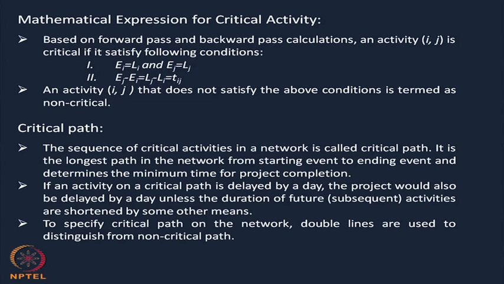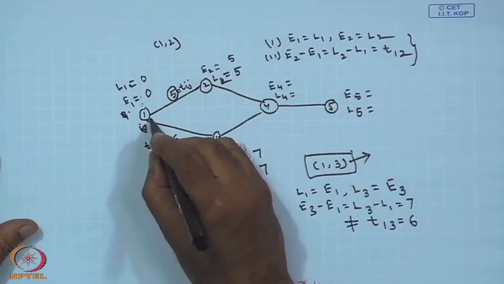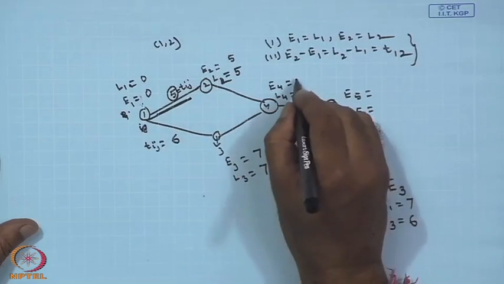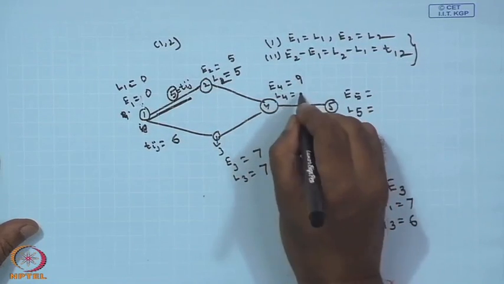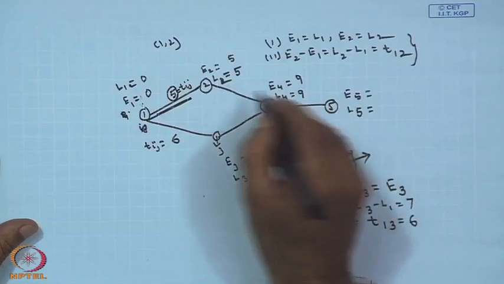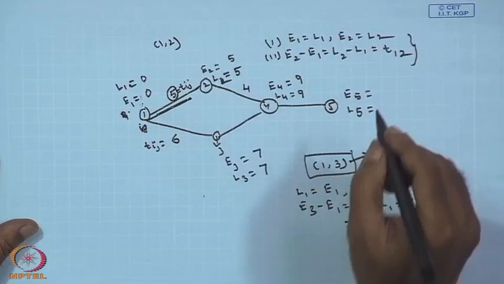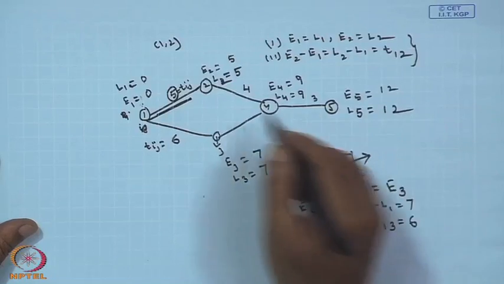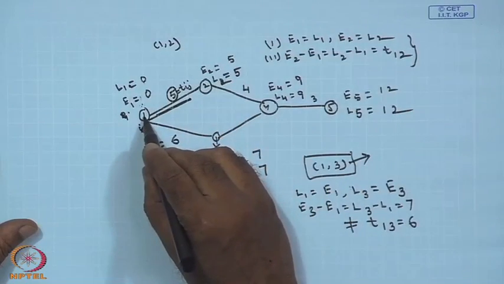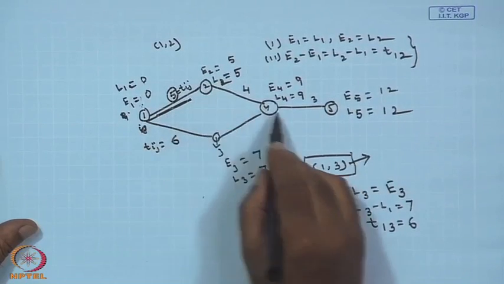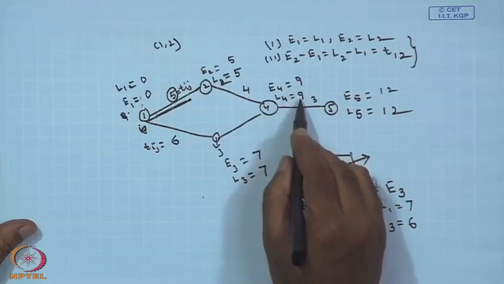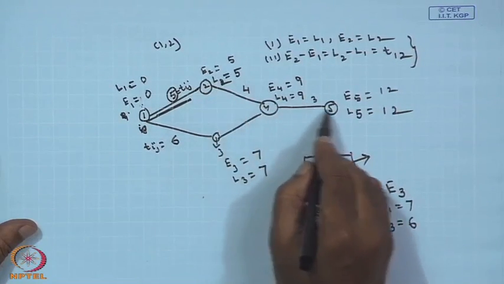completion of the project. So, basically, suppose I am going like this, this is the L2, and here again it is 9. Then it is 4, and then 3 and 12. If you see, the critical activities I can assume as 1 2, 2 4 and 4 5, because they are satisfying my conditions, all these values are the same over here.